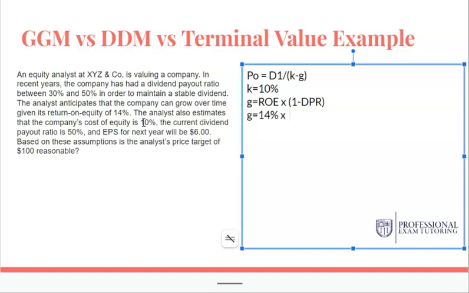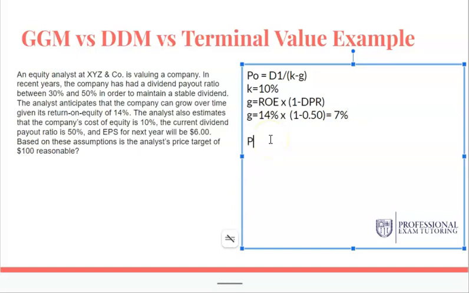We'd multiply that by 1 minus the 50% dividend payout ratio, which is the one we're going to use here. And this little 30% to 50% tidbit is more just extra information we can ignore. So when we take 14% and multiply it by 1 minus the dividend payout ratio, which is another way of saying the retention ratio, that's going to ultimately give us 7%, because you have half times 14%, 7%.